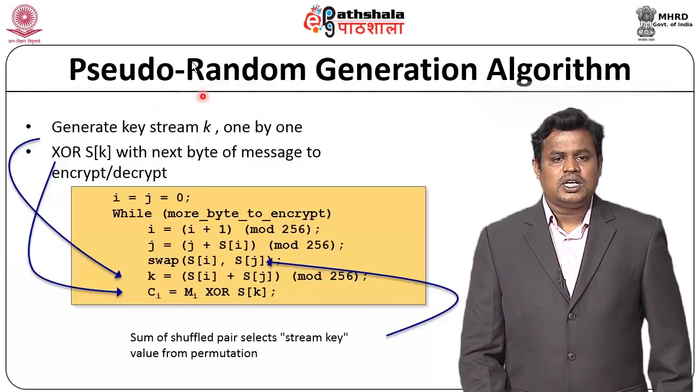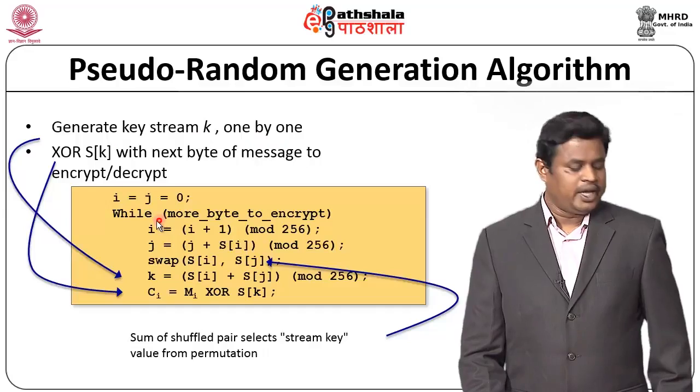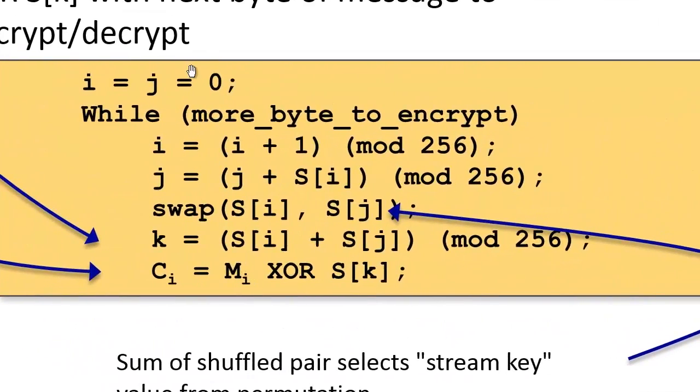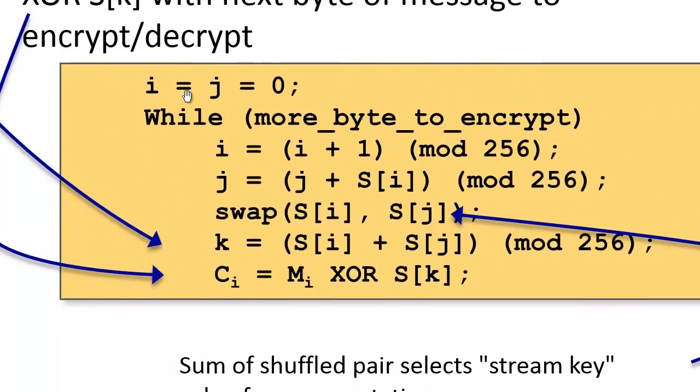Now we are coming to the pseudo random generator algorithm. This generates the key stream K one by one. Looking into this block, it is used for both encryption and decryption.